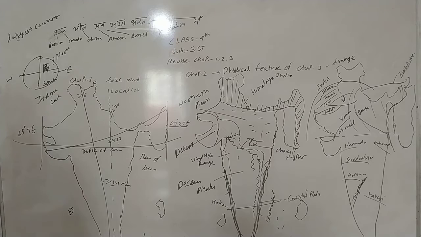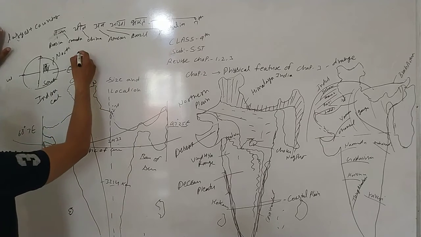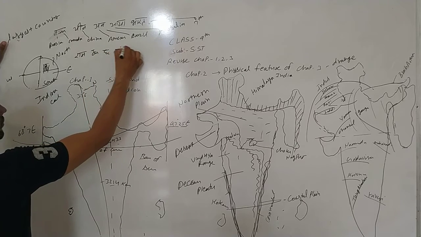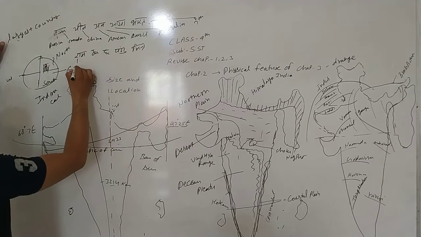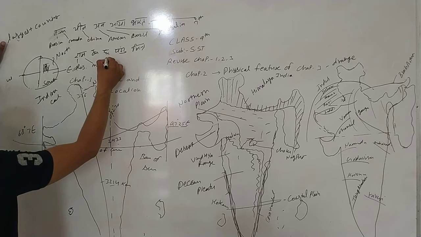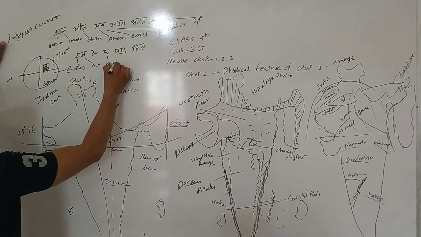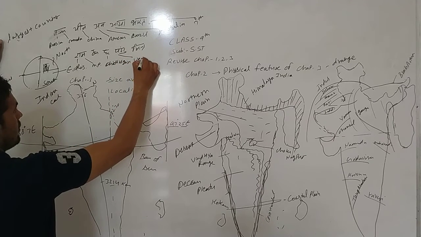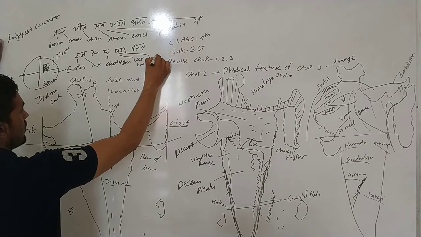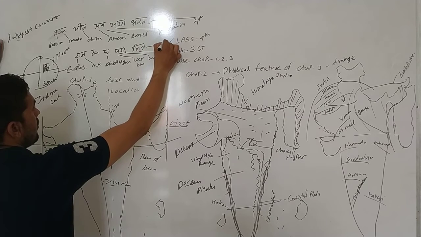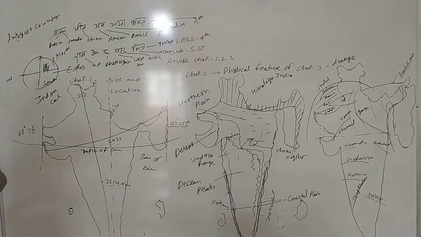We have to write the states where it is passing through: Rajasthan, Madhya Pradesh, Chhattisgarh, West Bengal, Gujarat, Mizoram, and Tripura. These are the states where the Tropic of Cancer passes.